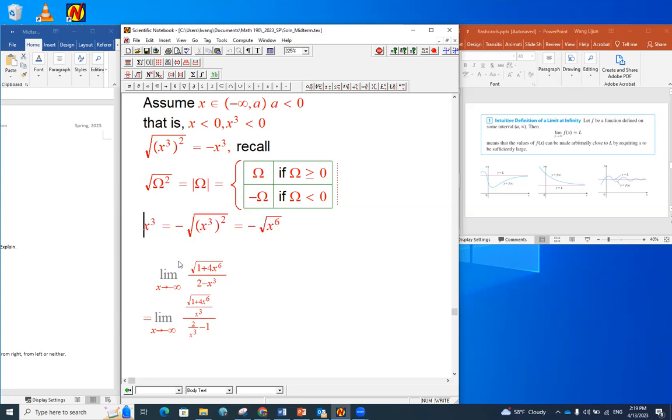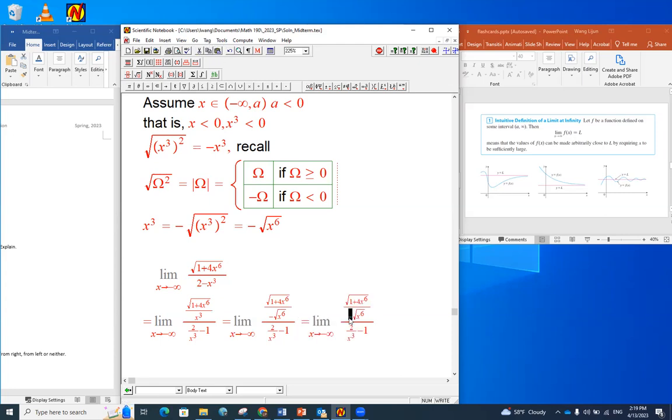So when we want to bring this x raised to the power 3 inside the root, we end up with something like this. It's going to be a root replacing x raised to the power 3, and you have a negative sign, so now you can bring them under the same square root. Let me show you.